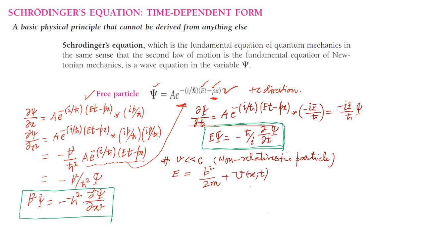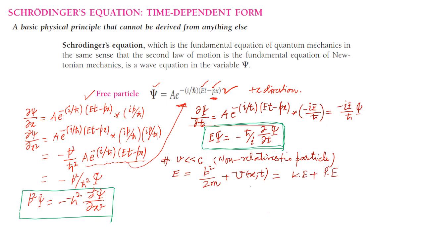So it's the kinetic energy part plus the potential energy part. This is the total energy of a non-relativistic particle, whose velocity is much less than c.